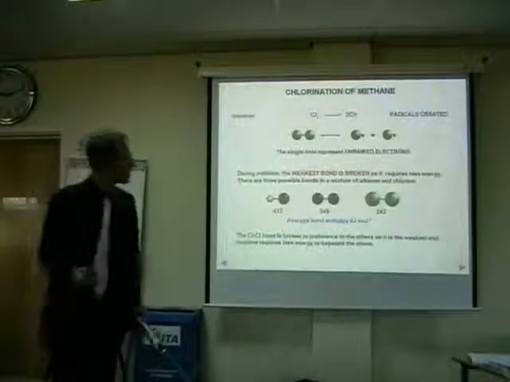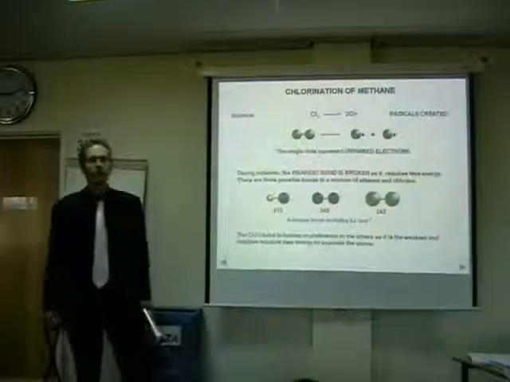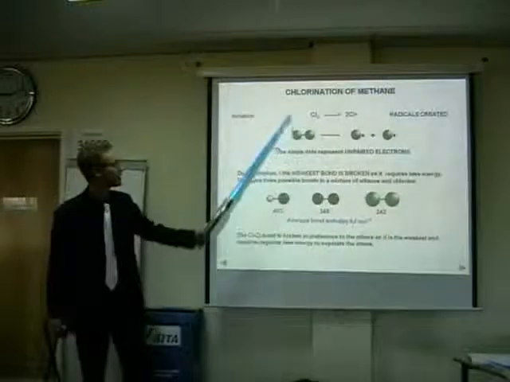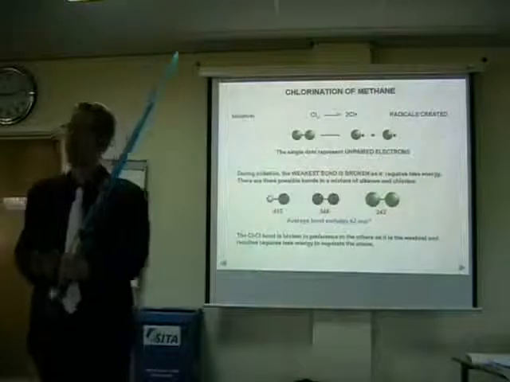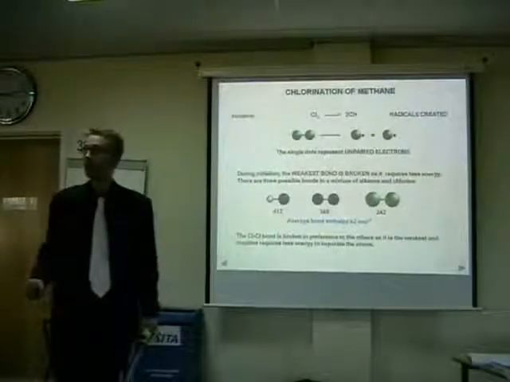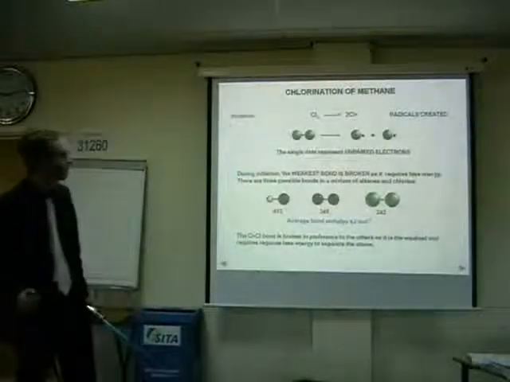This is called an initiation step. It's a step where a molecule becomes radicals. We started with a molecule, we've hit it with some UV light, the UV light has given enough energy to the bond to break up, and we've created two chlorine radicals. All good so far? Good.